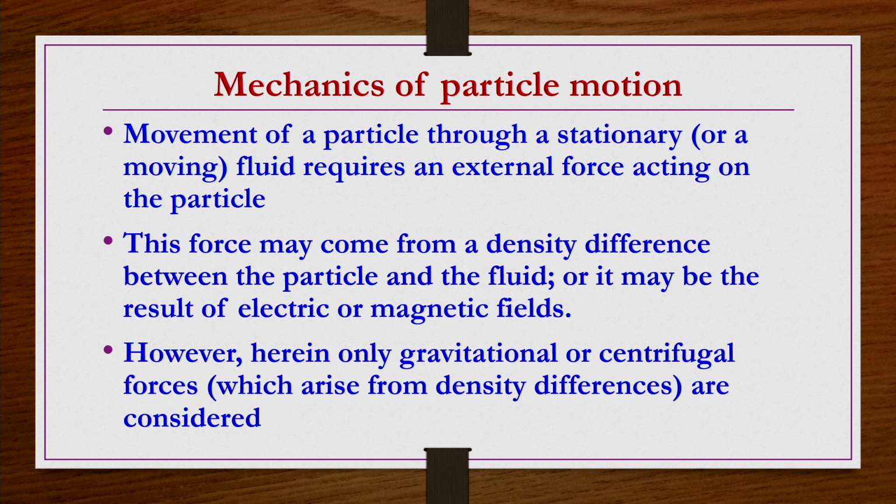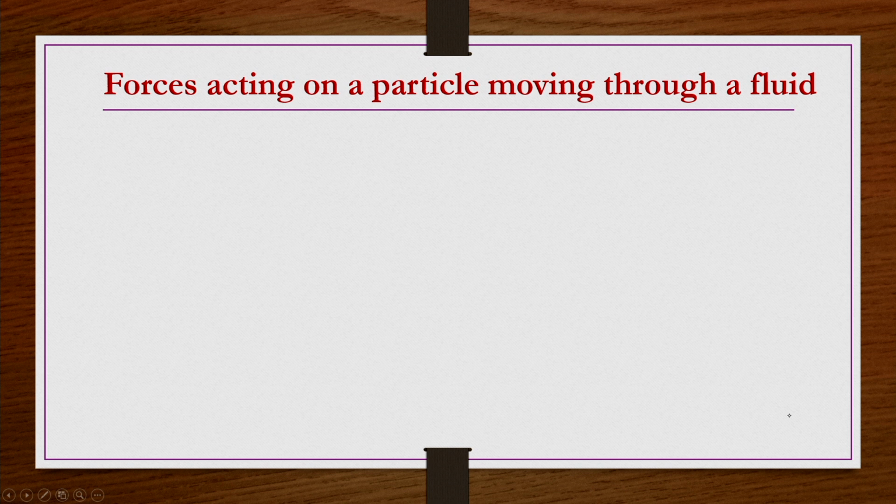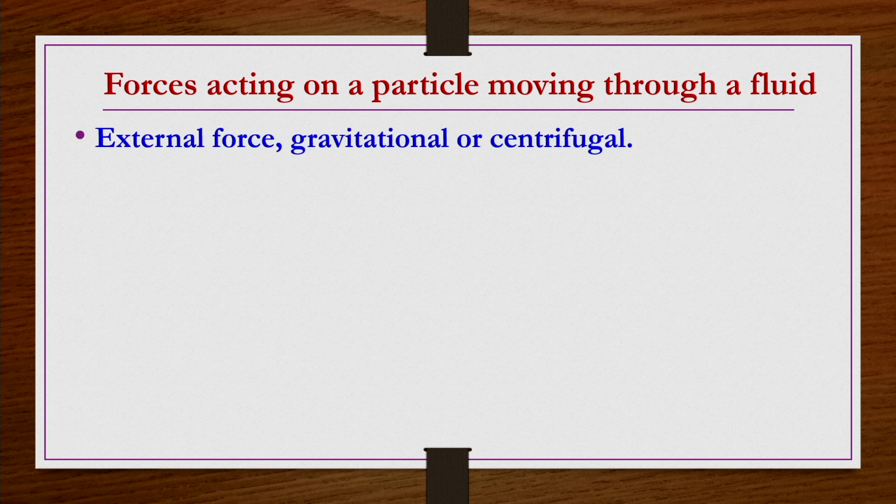Those two types of forces are the gravitational and centrifugal forces. Now, the forces acting on a particle moving through a fluid, that is what we are going to see. We are considering only the external force due to gravitational or centrifugal forces.